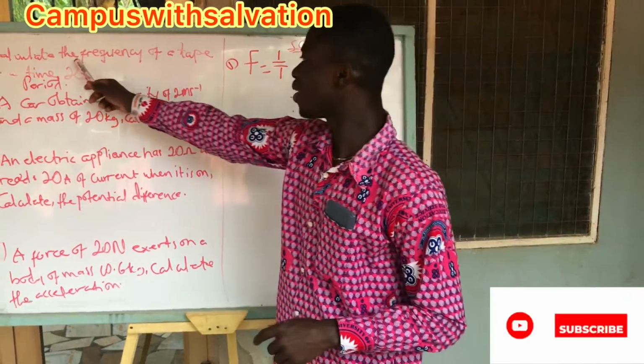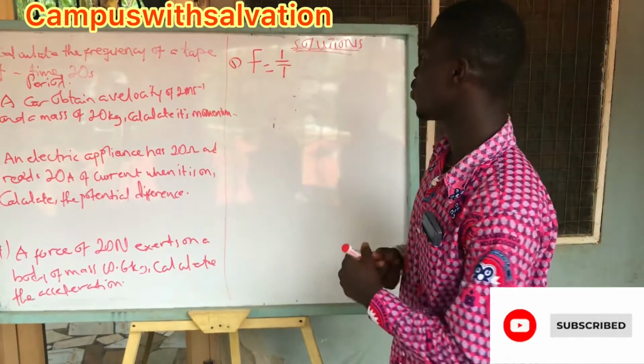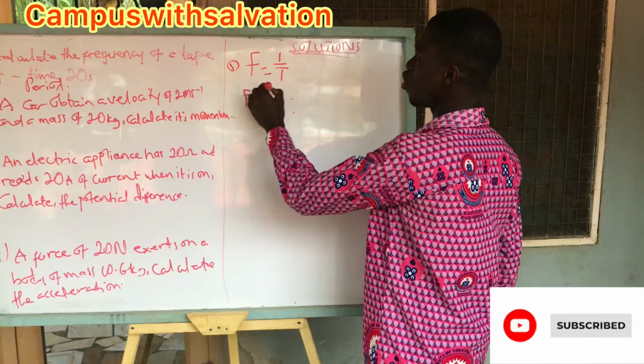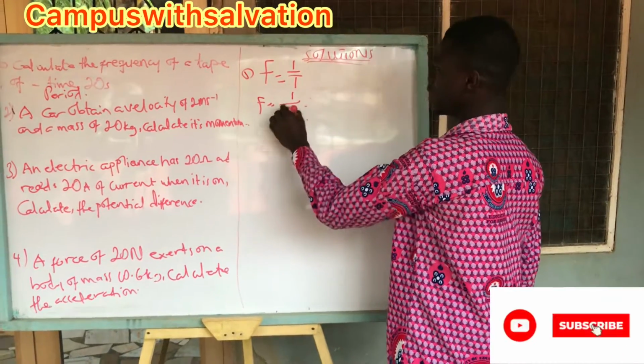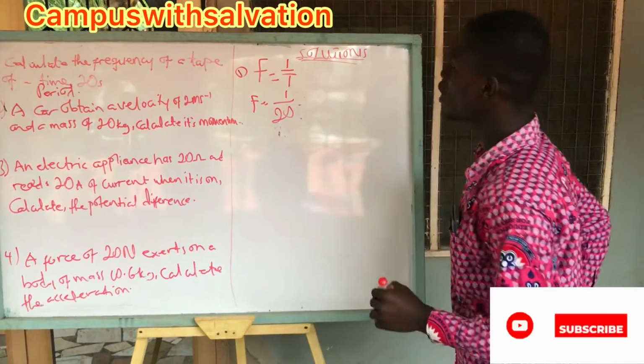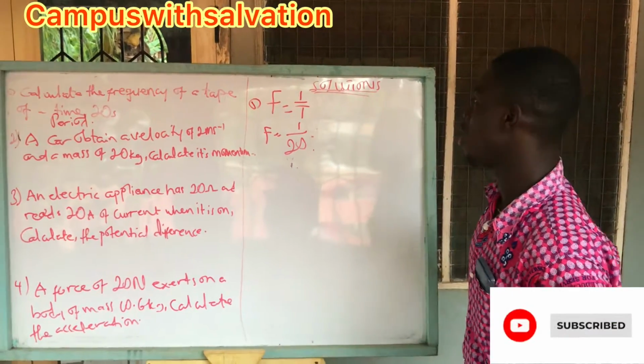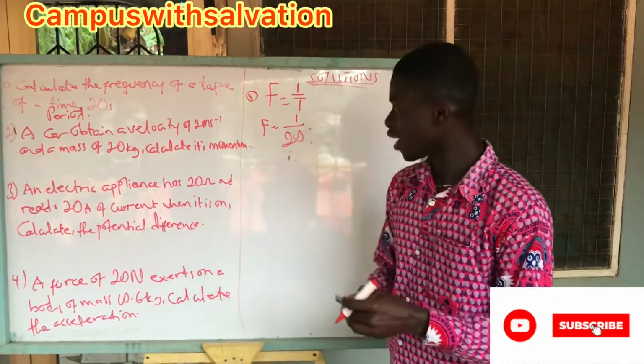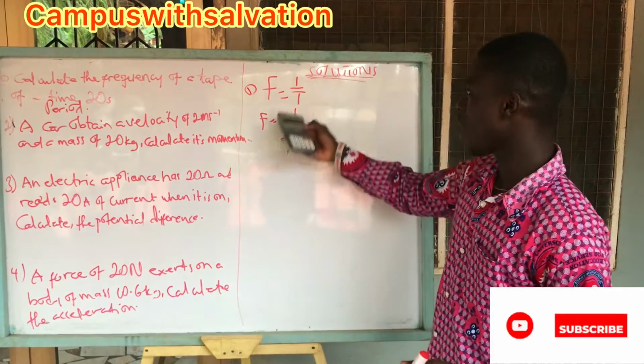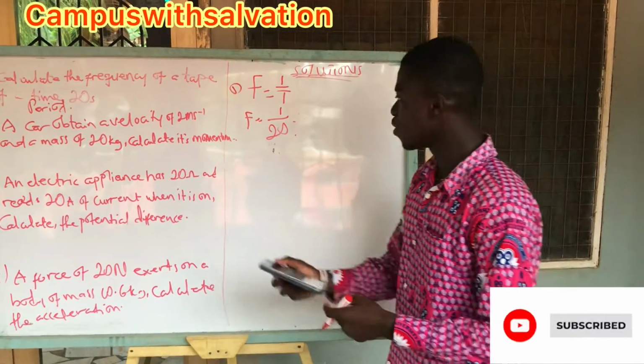The question says calculate the frequency of a tape which has a time of, so F is equal to 1 over the 20 seconds, which is the time or the period. You just divide the 1 over the 20 and the answer will be your frequency.